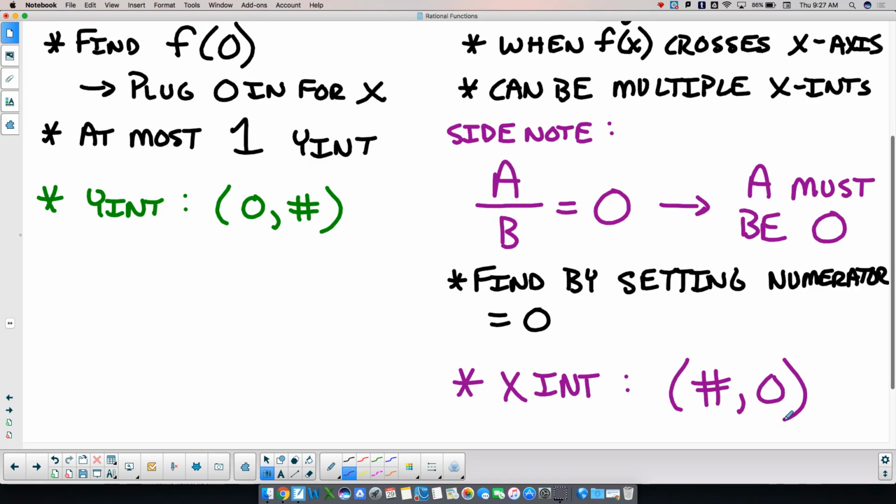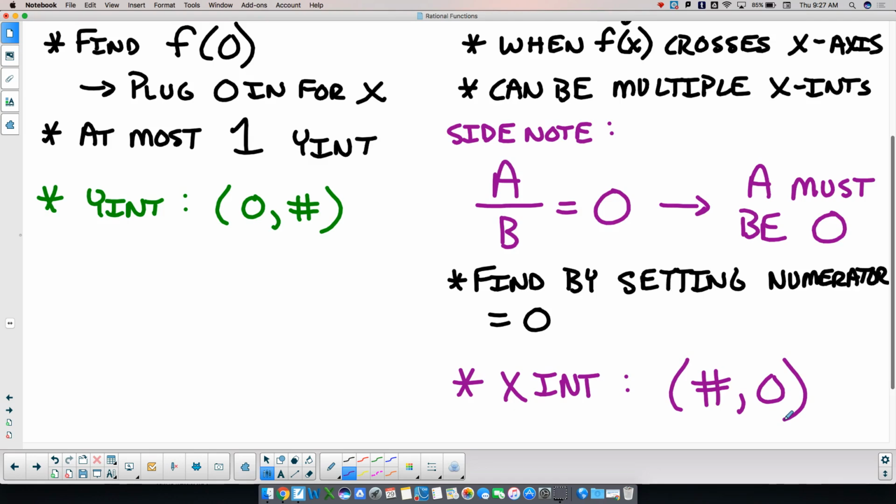But sometimes we might have one of each, sometimes we might have 3 x-intercepts and 1 y-intercept. It all depends on what the function gives us. So that's step number 4.